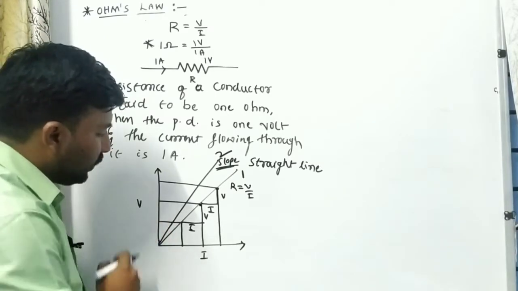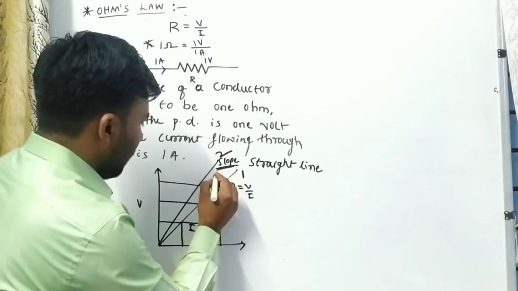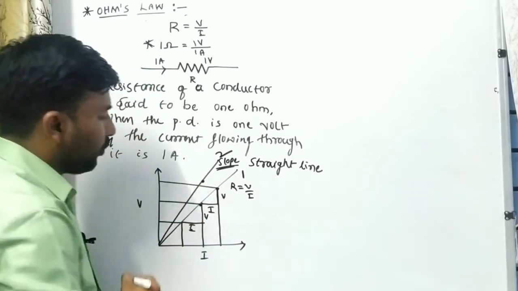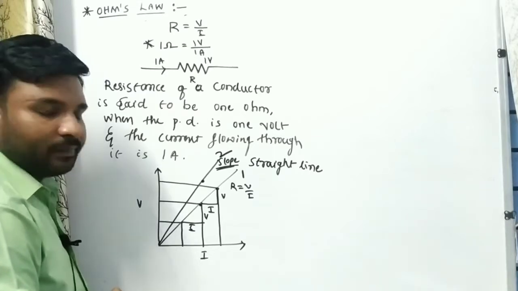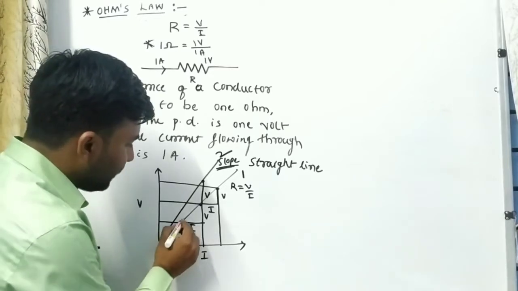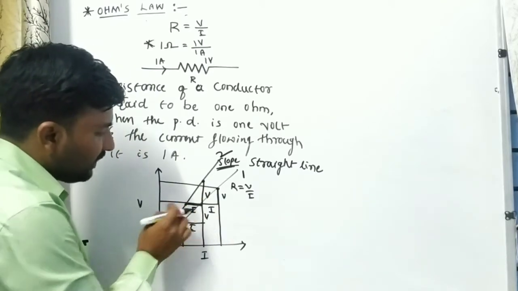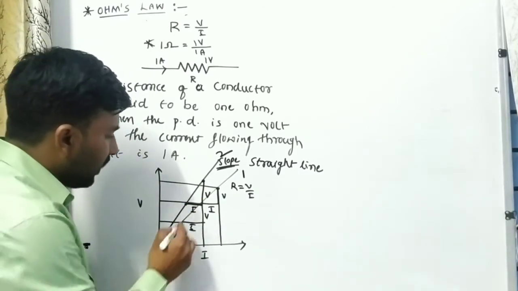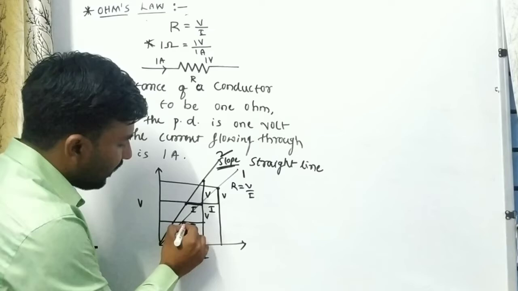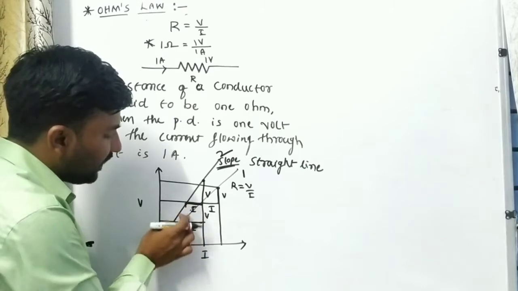Now for conductor 2, let's suppose I consider this one point on the second conductor. This is V and this is I. I will keep this I and this I the same, constant.